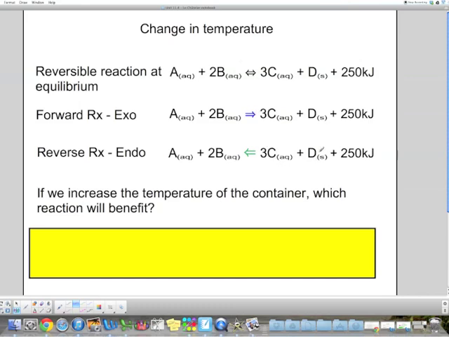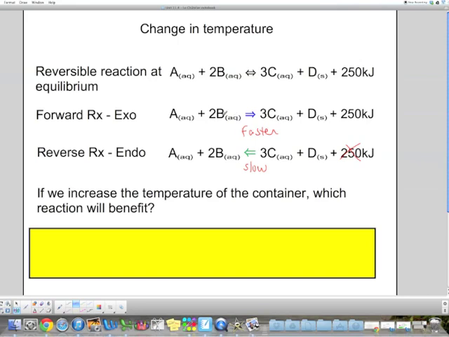This one, the reverse, needs the energy in order to react. So the C and the D need the energy in order to react. Now I just got rid of the energy, so now my C and D can't react as quickly. So we're basically slowing down this process, making this one by default faster.